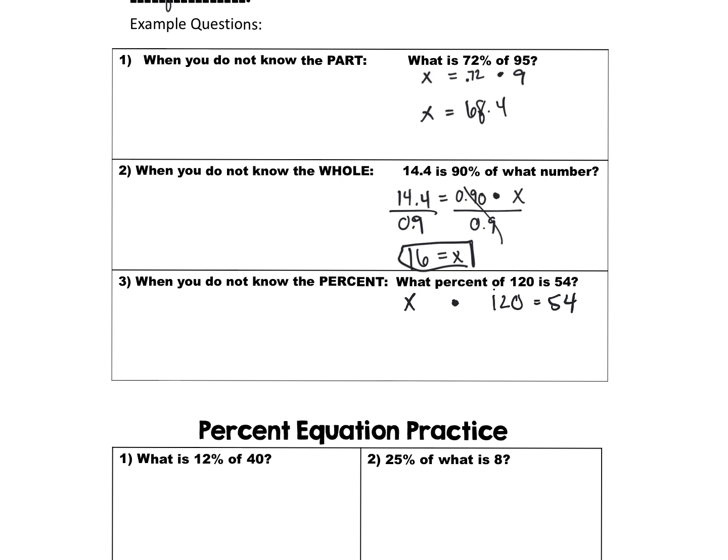So we're multiplying, so we need to divide. This will give us 1, so now we're left with just x equaling 54 divided by 120, which equals 0.45. Now remember, when we get a decimal, we need to multiply that by 100 to get it to be a percent of 45%.